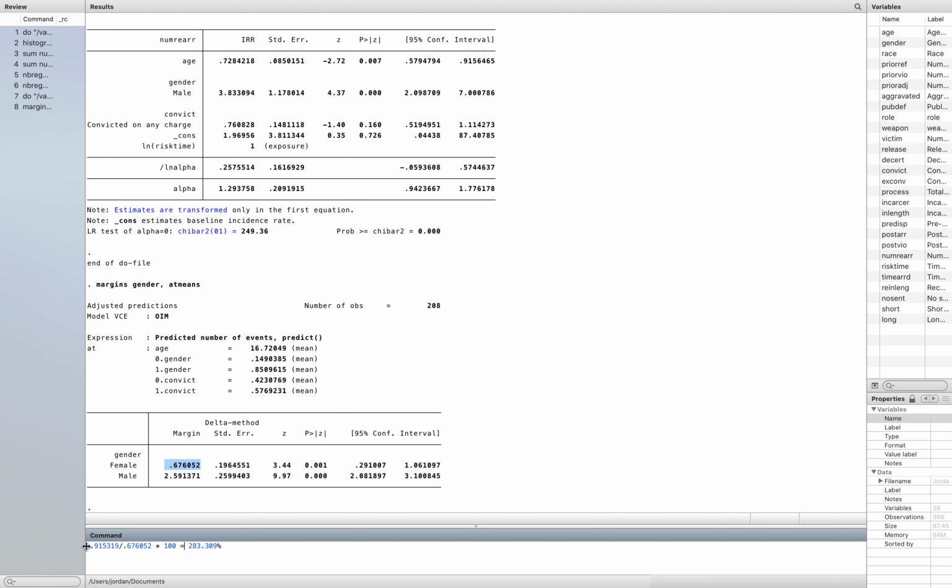So the difference between them divided by the original number, then multiplied by 100 to get the percentage, 283%.